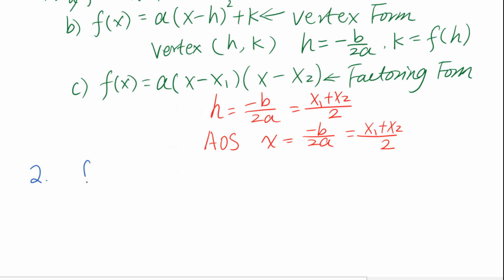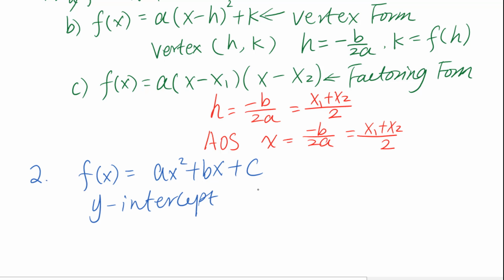Number 2, we need to know for f of x equals ax squared plus bx plus c, the y-intercept, that is f of 0. That equals a times 0 squared plus b times 0 plus c.